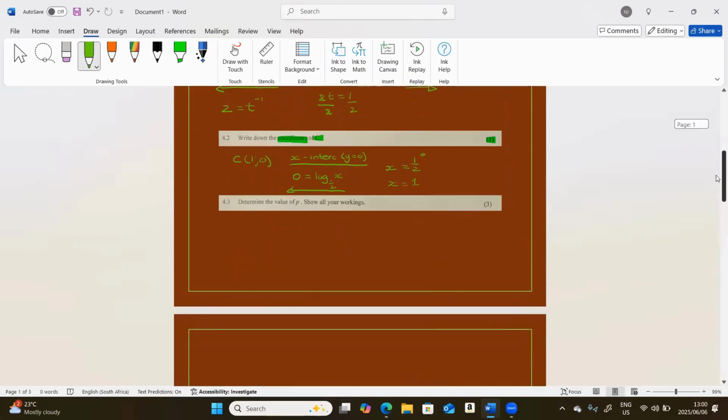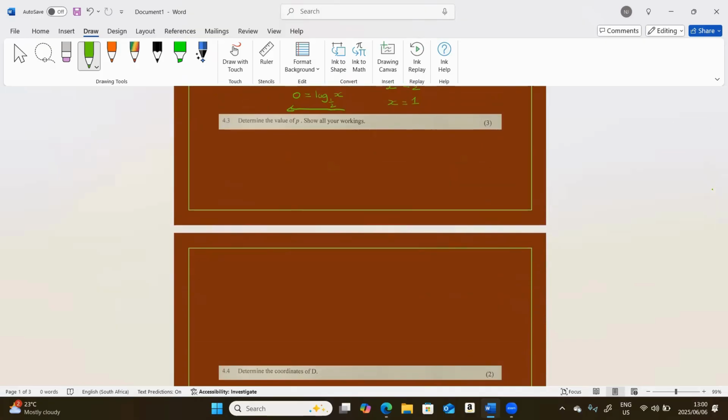So let's quickly go and update. We know that we are working with fx over here, and it's 2p to the power of x, and then instead of plus q, we are going to replace that plus q with -1. Okay, we just saw that the value of our asymptote is -1.